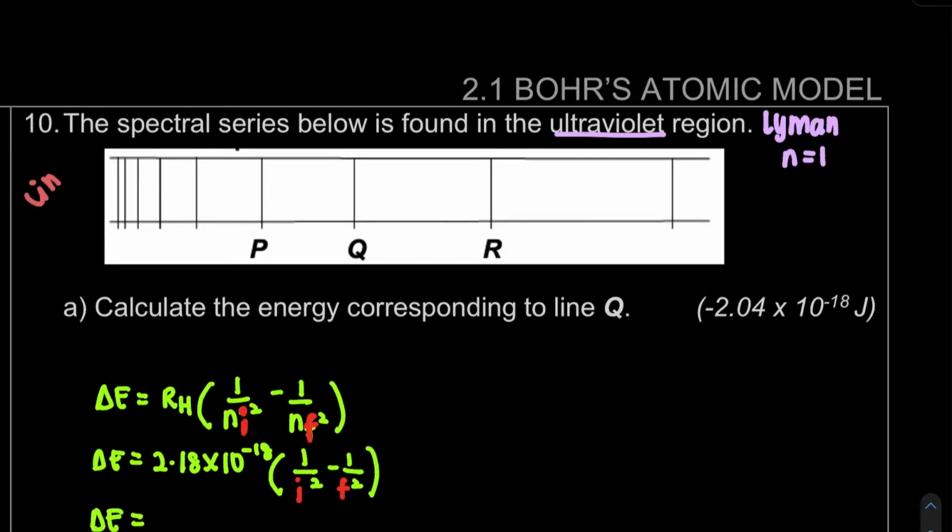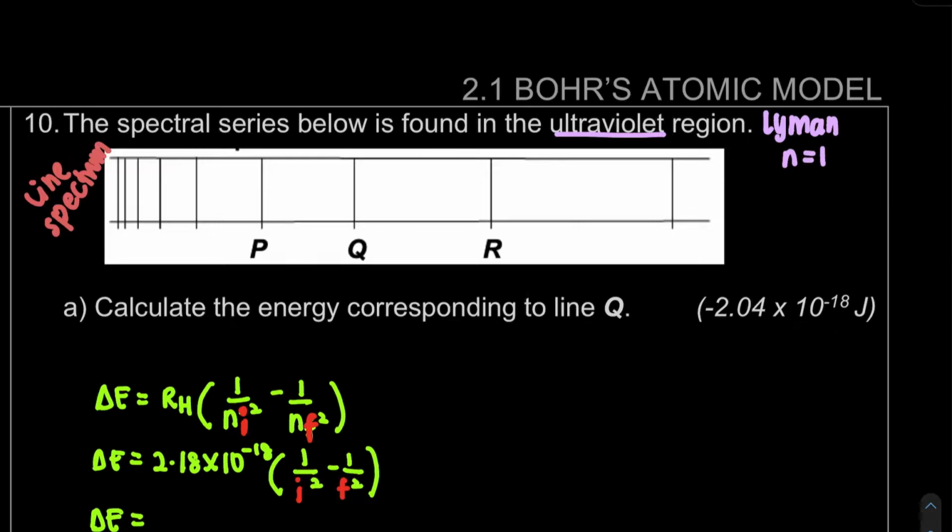From our line spectrum here, first you have to know that where there is the biggest gap, that will be the first line. It is either on your right hand side or your left hand side. But when we look, the gap between this first and second line is quite big, compared to the ones at the end, which are very small. So we know that this line is our first line.